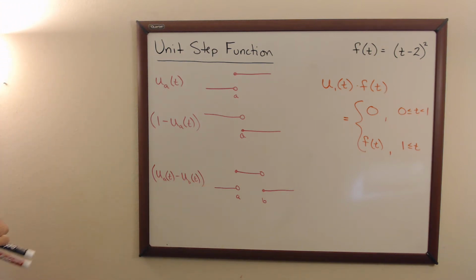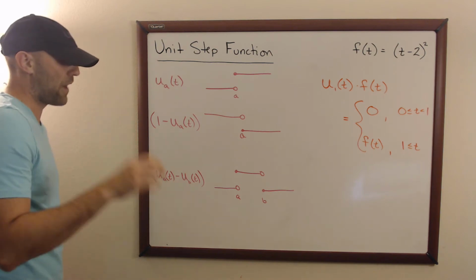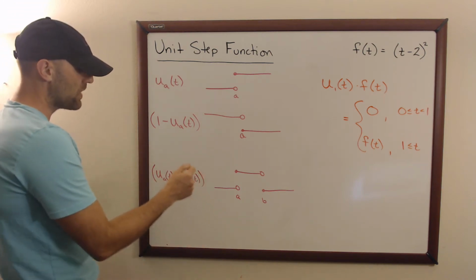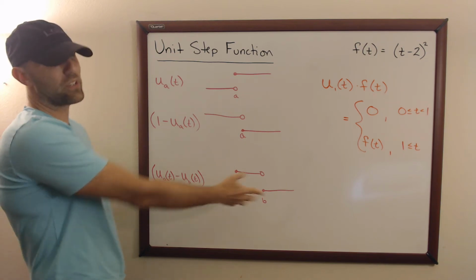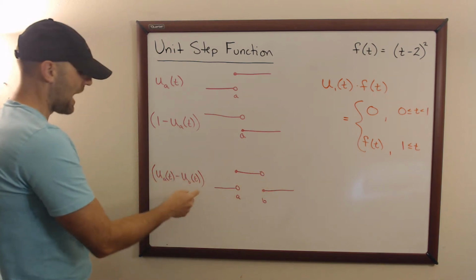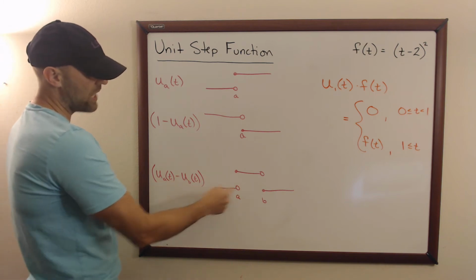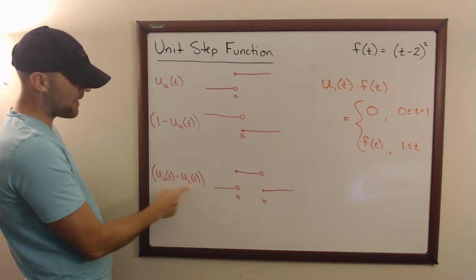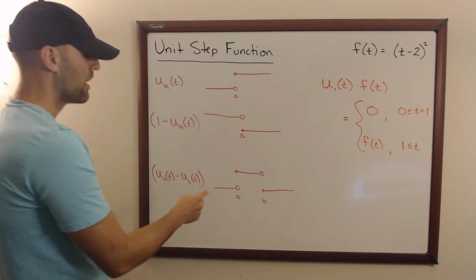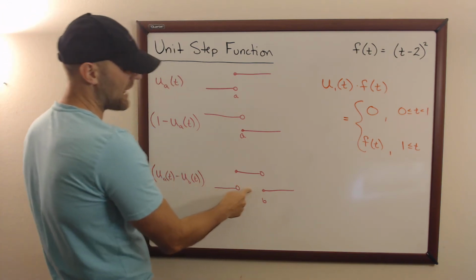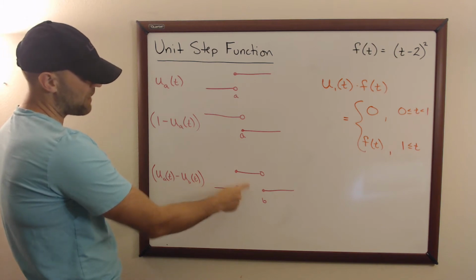Again, let's reason through why this works. If I pick a value to the left of a, it's certainly also to the left of b. And so if it's to the left of a and to the left of b, then both of these are 0. That's 0 minus 0, so my function is equal to 0. What if I pick something between a and b?